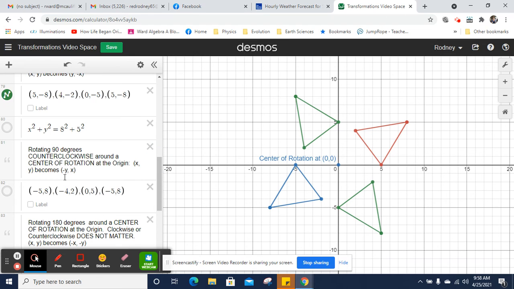You're switching X and Y. If you forget which it is, just analyze what the signs are going to be for the coordinates in whatever quadrant you're moving to. So if you were in this quadrant over here where X is positive and Y is negative, and you're going to quadrant 1, both are going to be positive.